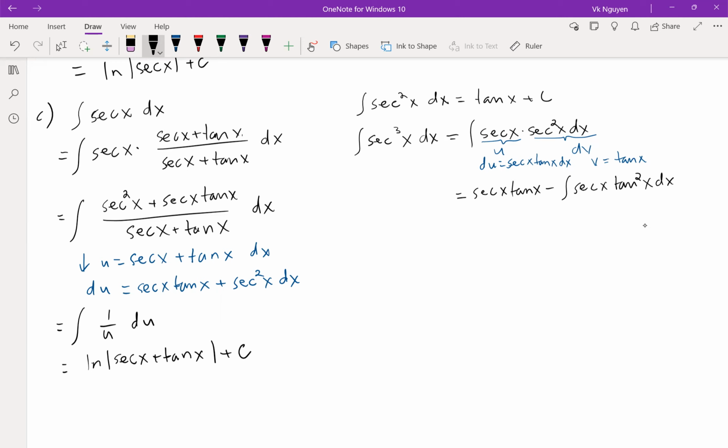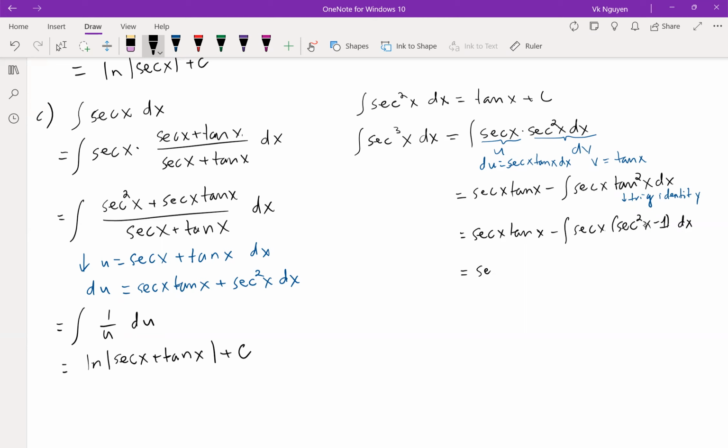But if you use the identity to make tangent square into secant square minus 1, then we have the integral of secant to the power 3, which would help us to do this problem. So the trick here is the identity. Secant x tangent x minus the integral of secant x times secant square x minus 1 dx.